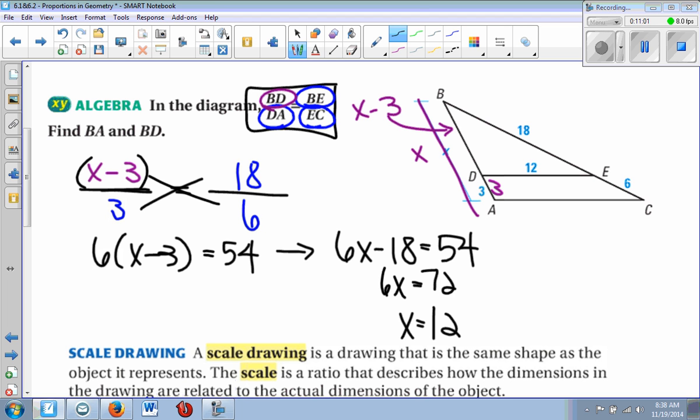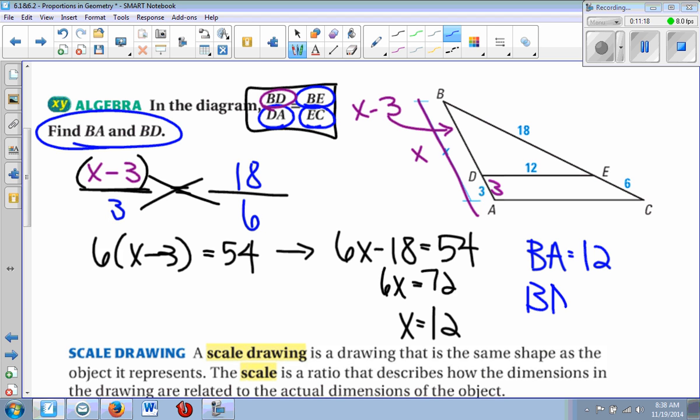Now, remember, we always want to answer what the problem is asking. The problem says find BA and BD. So BA was the entire length x, which would mean that's 12, because that's what x came out as. And then BD, we said, was x minus 3. So 12 minus 3 gives me a BD length of 9.